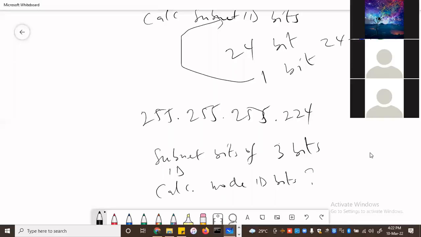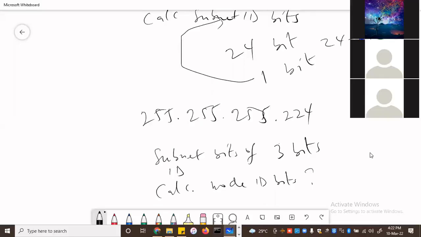Now in this scenario, I'm just giving you bits. So now let's try to find the actual number of IP addresses. Now that you've got 5 bits for the nodes, tell me the total number of node IP addresses. Anybody guess?